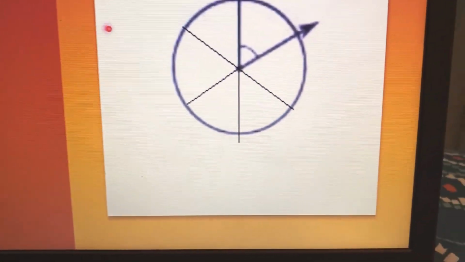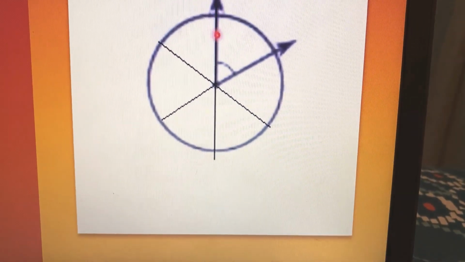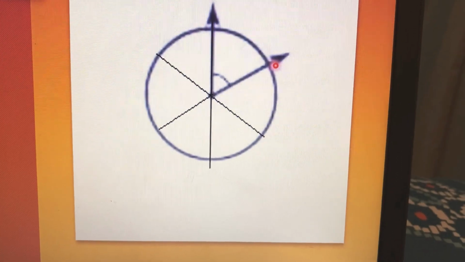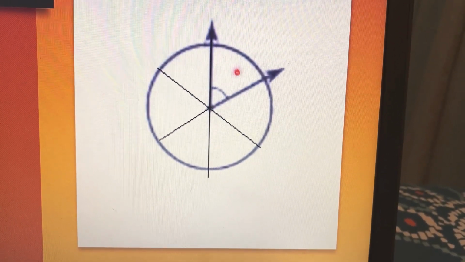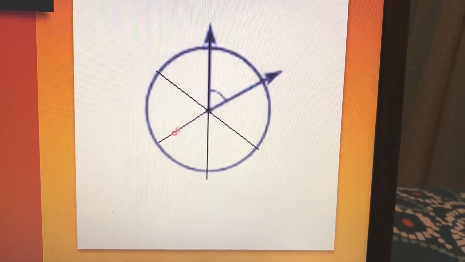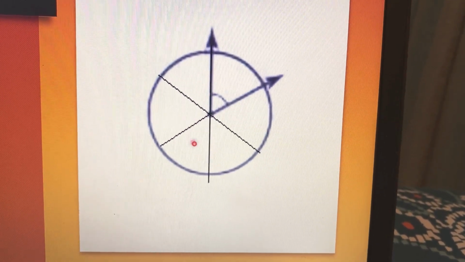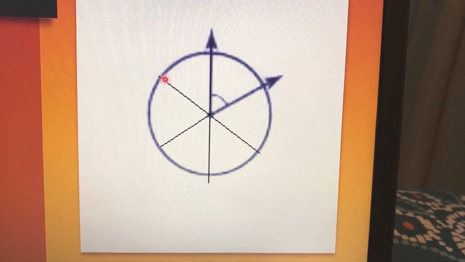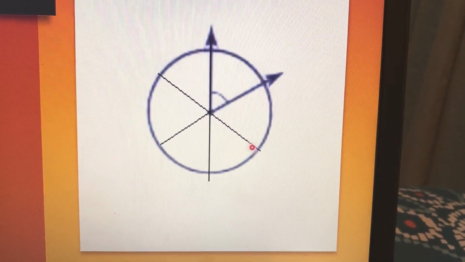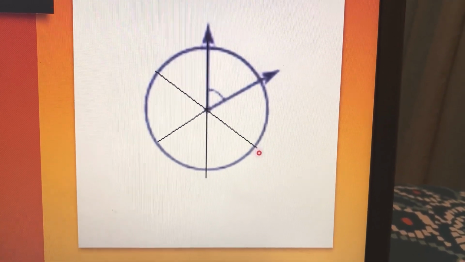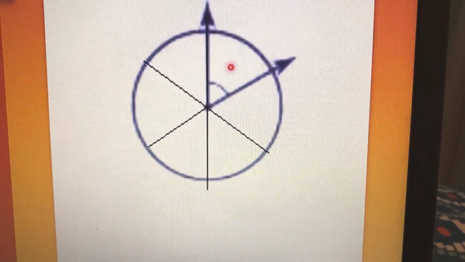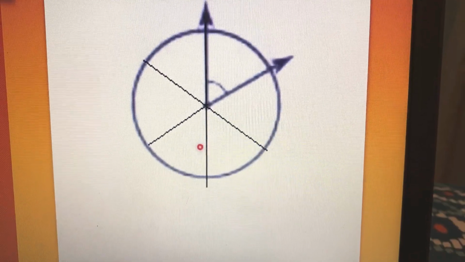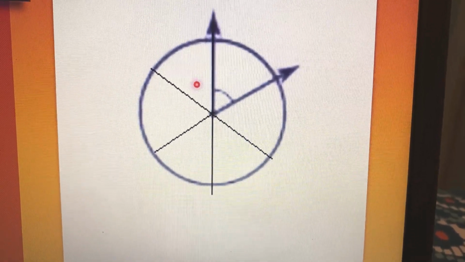Let's look at this circle. I have this angle. Let's complete the lines and get the same size as this angle. If I draw a line here and another line here, I also have to draw a third line to cut these parts. So I will count how many parts I have: 1, 2, 3, 4, 5, 6.